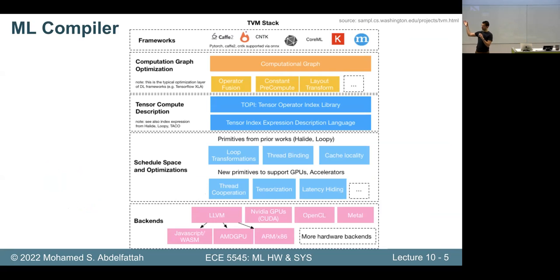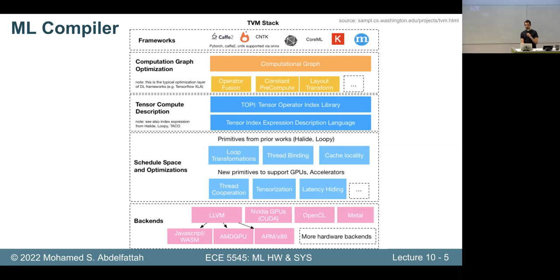All of these frameworks, which use subsets of the Python language, would be compiled using that domain-specific compiler. So it wouldn't be able to compile any code, but machine learning code only. That's what it would be focused on.